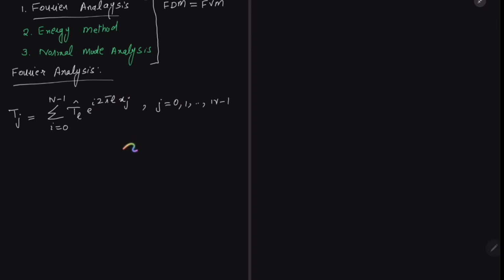Another thing we notice is that lambda is equal to 2 pi over l. So using all these equations, we can write tj equal to the sum over k of t hat k e raised to power iota k xj, where we replace 2 pi l with k, which is kappa, and j is equal to 0 to n minus 1.